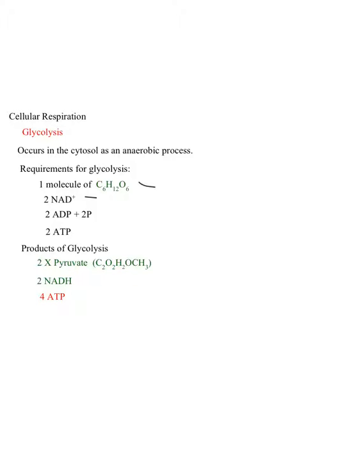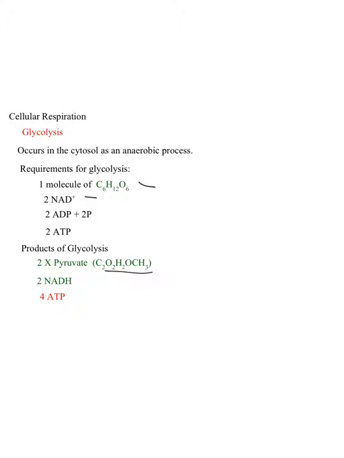Products: we're going to end up with 2 smaller molecules. Glucose is going to be broken not quite in half, but into 2 smaller molecules called pyruvate, formula down here. And our NAD is going to be reduced. We're going to take up that hydrogen, but remember, to take up that hydrogen, we always end up taking up a pair of electrons as well.